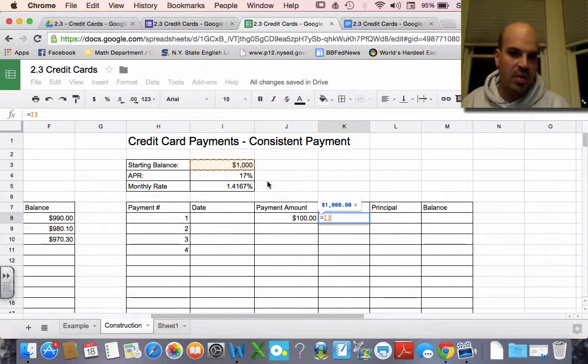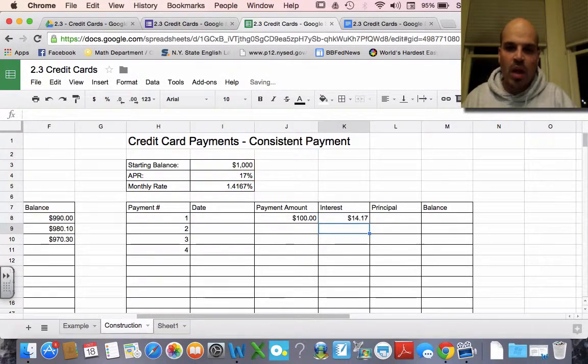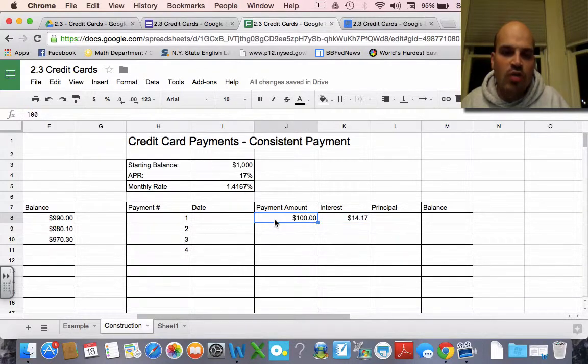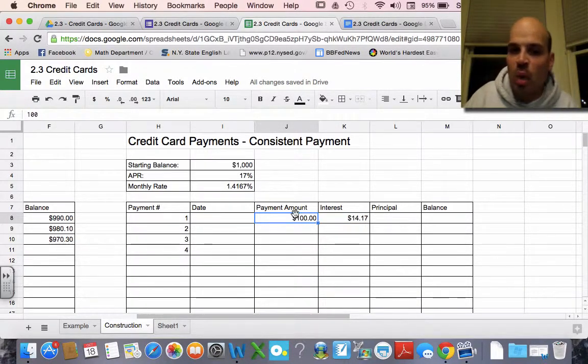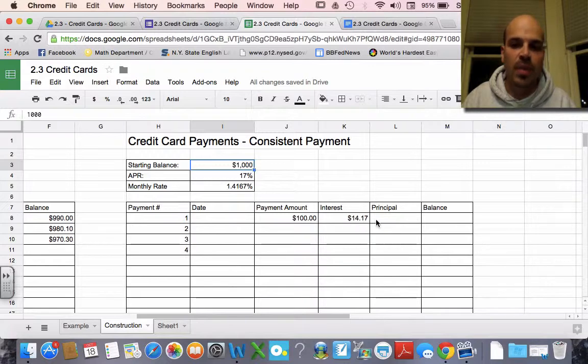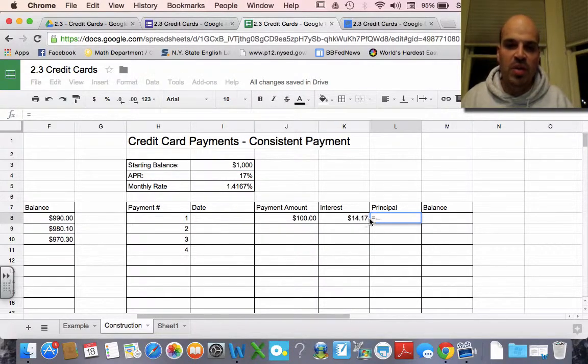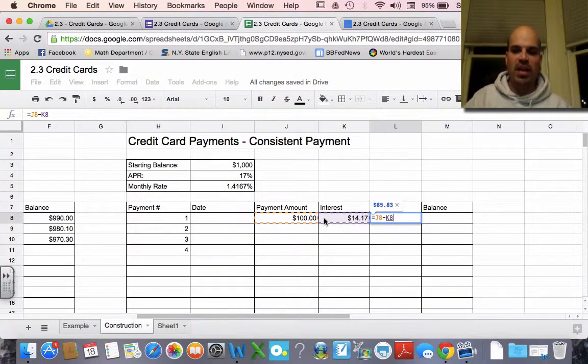I borrowed $1,000, so I'm going to multiply by my monthly rate. But this time I paid $100, so a lot more money is going toward paying off the $1,000. So my money toward the principal is going to be 100 minus the amount that I owe the bank in interest.